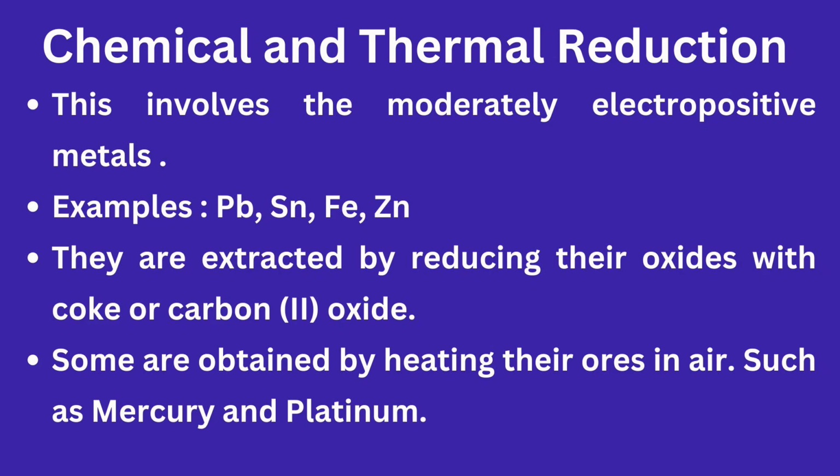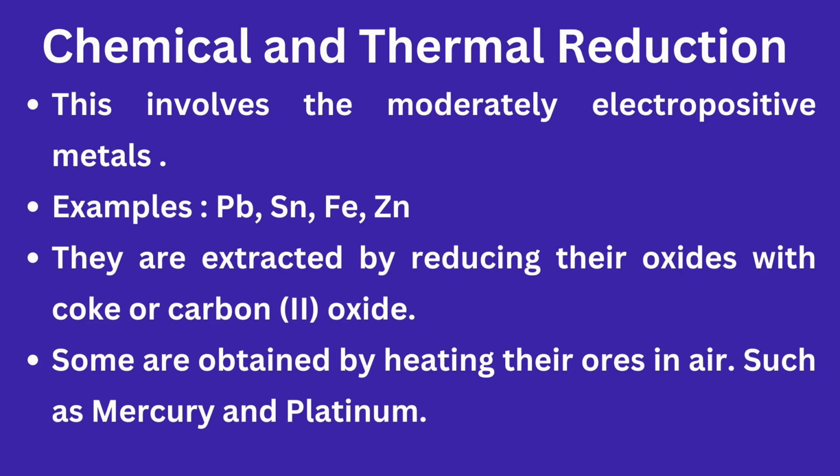The thermal reduction aspect of it has to do with you trying to heat that particular ore. There are some metals that would be extracted by heating their ores. For instance, if you want to extract mercury, for example, from its ore, maybe from mercury(II) sulfide, you would have to heat that ore to extract mercury.